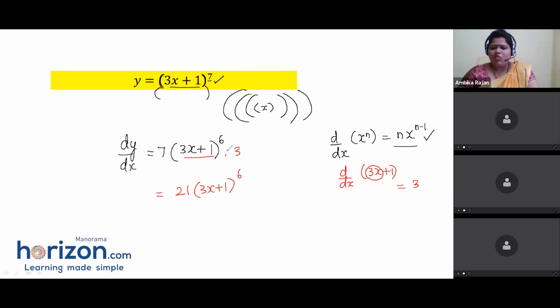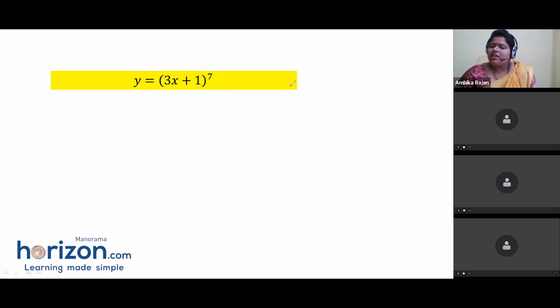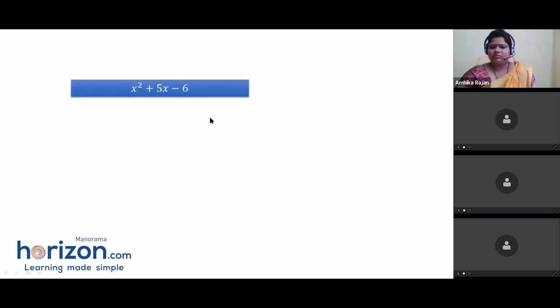Okay, students, now you got the idea how to approach this. Let's play a game. What kind of game? You will be finding out whether it's a chain rule or not a chain rule. Take a look into this one.